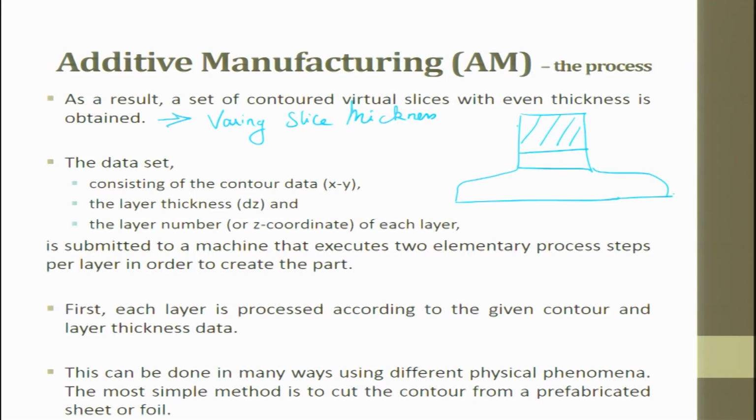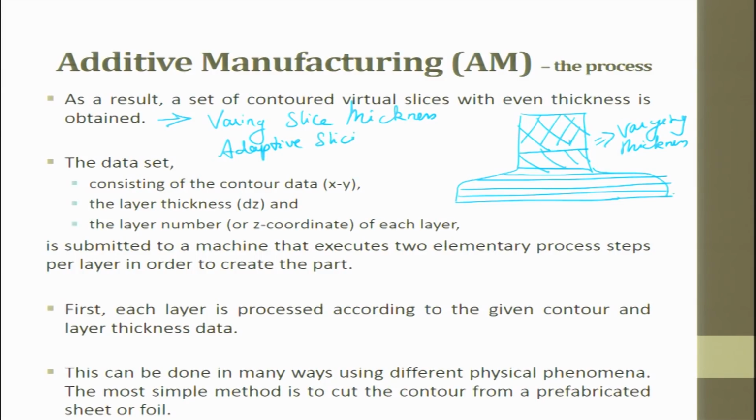So, the sliced layer can be here, then here, then it can be small such that the change in geometry is accommodated. So, this is varying thickness. If there is no change in geometry, you can use a larger thickness. That is what today's technology calls adaptive slicing.